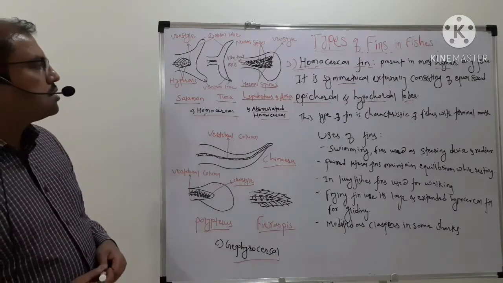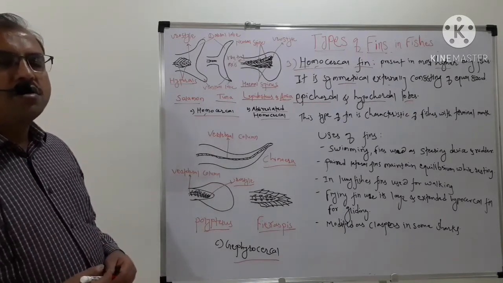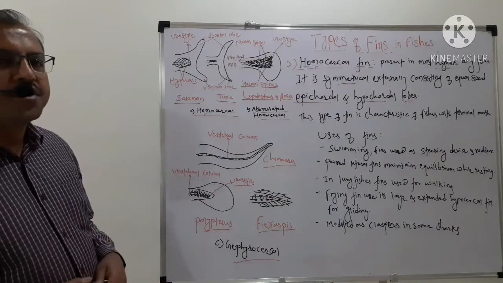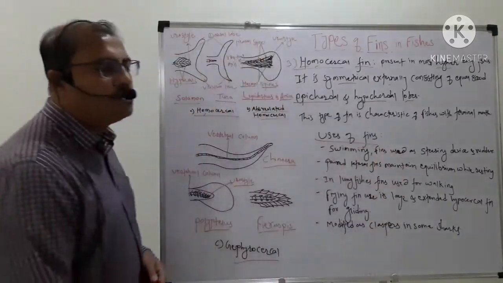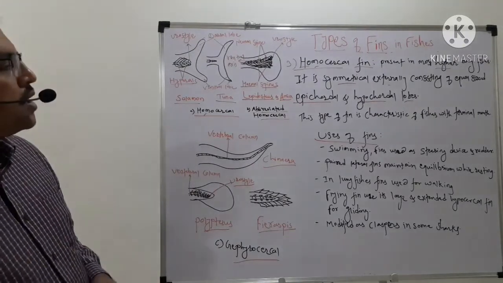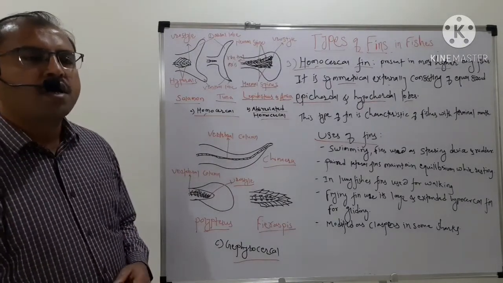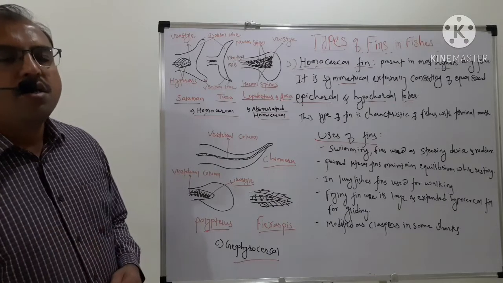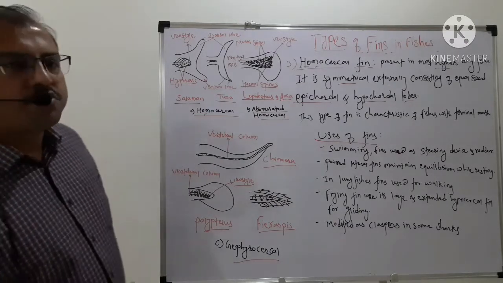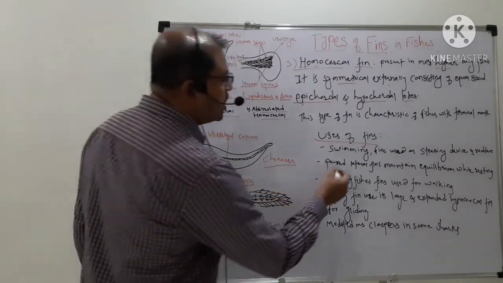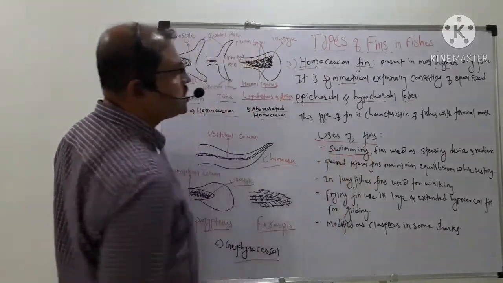Now after these three different types of caudal fin and paired and unpaired fins, we'll see what are the uses of these fins to the fishes. What are the actual uses? In the course of evolution, in the development or modification of vertebrate animals from protochordates, these fins help the fishes in swimming.